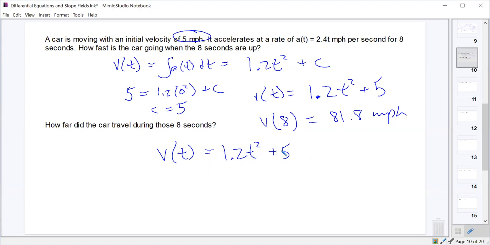And if we add a 5 to it, that's still always positive. So this function is never negative. It's always going to have a positive velocity. And if you always are moving in a positive velocity direction, shouldn't your displacement be equal to your total distance traveled? Yeah. So if we integrate this, what should we get?